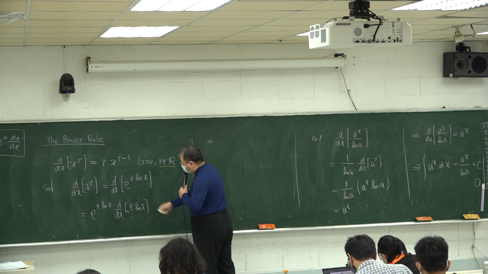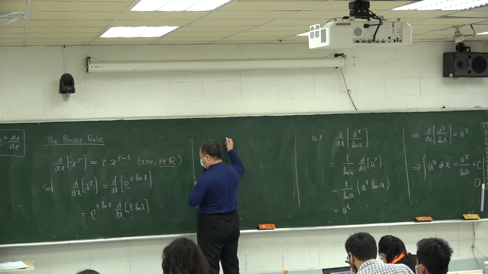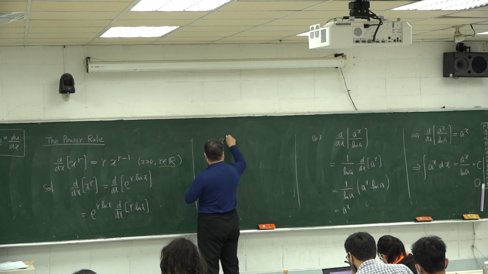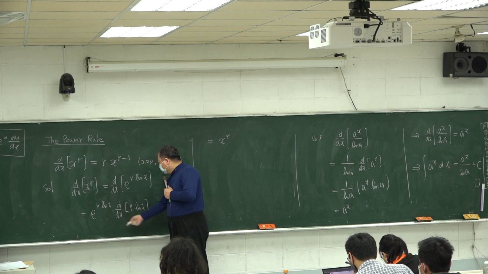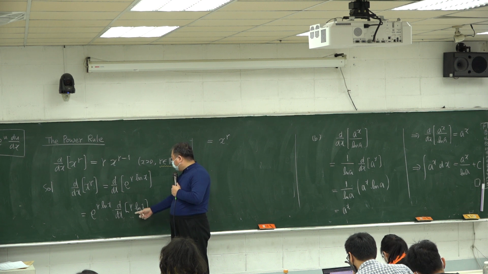Okay, the first factor is x to the rth power. And for the second factor here, r is a constant relative to x.